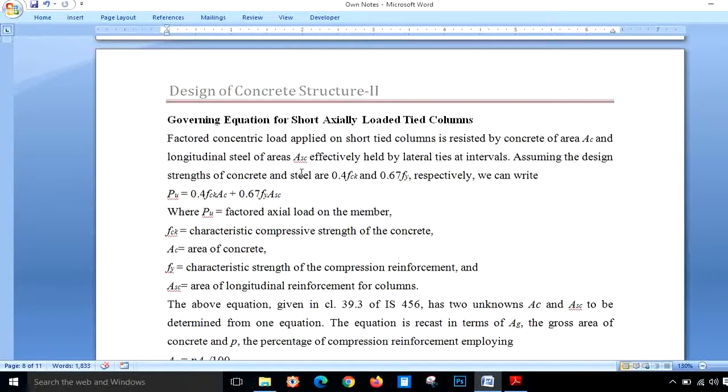The prerequisite for the next session is that you go through all these clauses. I suggest you write the clause numbers and page numbers as per IS 456 so that you can easily open those clauses while solving the problems.